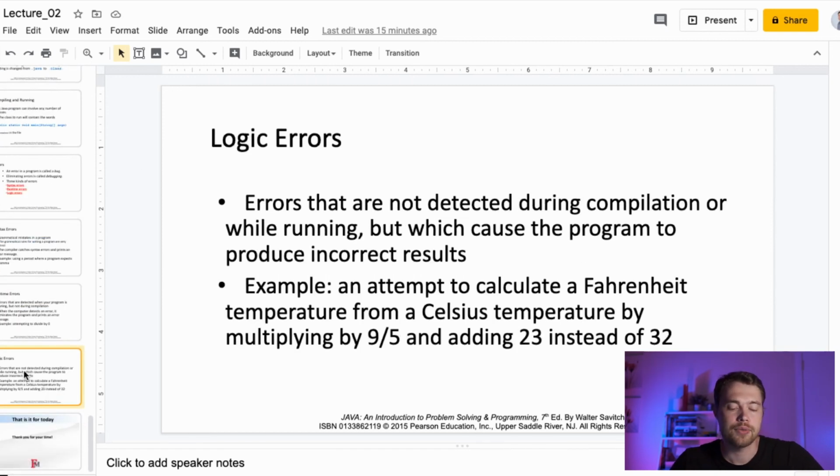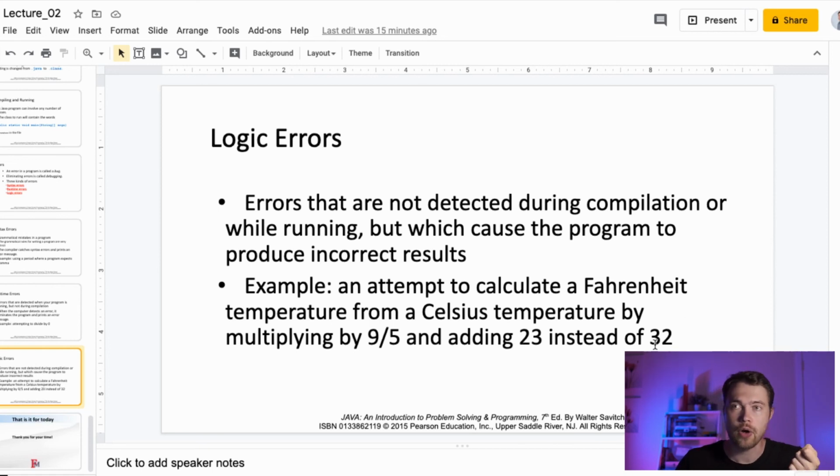And logic errors, what does that mean? That means syntactically, no problems, runtime works perfectly. Java did the best it could, it did exactly what you asked for. However, the result is different from what you want it to be. For example, in this case, I want to calculate Fahrenheit temperature from Celsius by multiplying by 9/5 and adding 23 instead of 32.